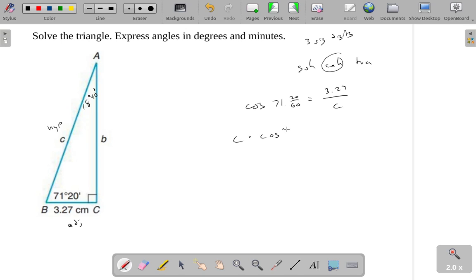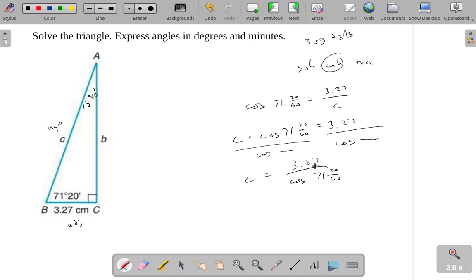C times the cosine of 71 and 20/60ths equals 3.27. Okay, now I want to get rid of this cosine of whatever. So C is equal to 3.27 over the cosine of 71 and 20/60ths.